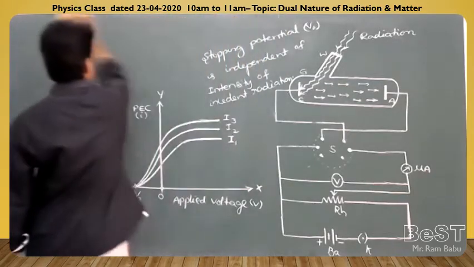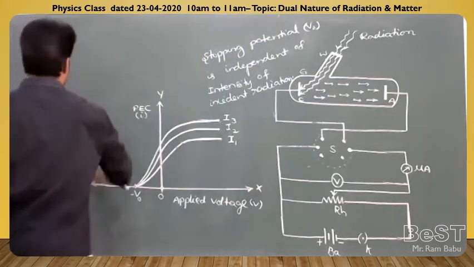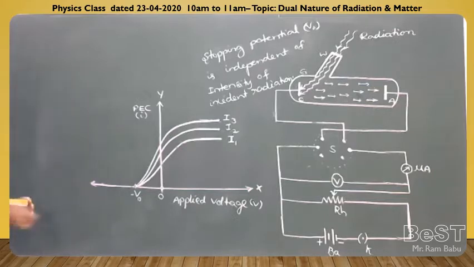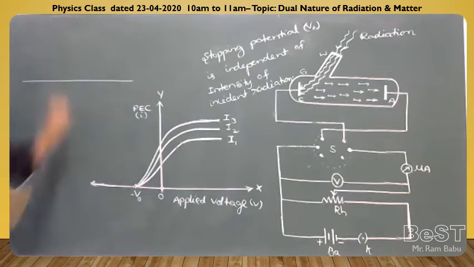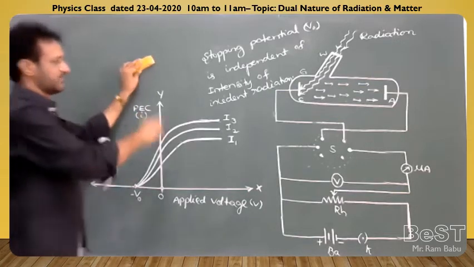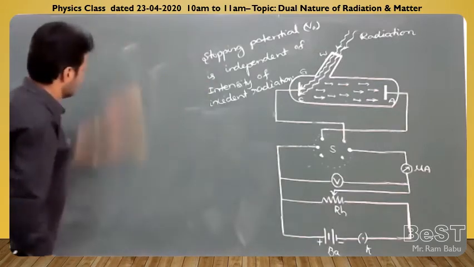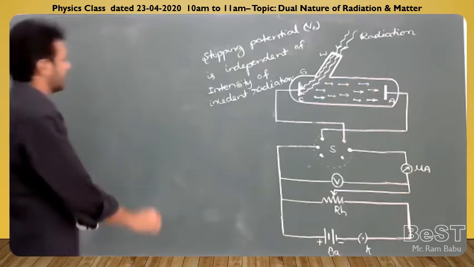I'll draw one more similar graph. How the stopping potential depends upon the frequency of the incident radiation.